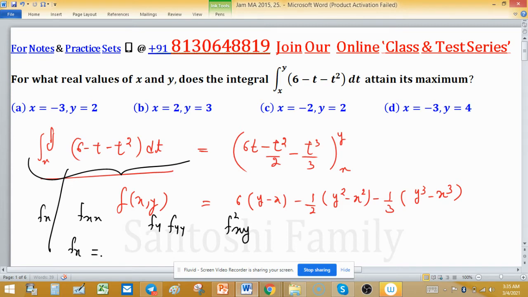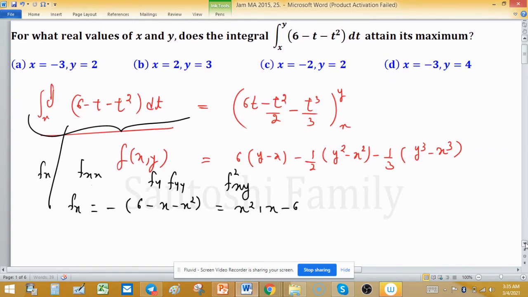So only fx is minus, replace t as per the Leibniz rule, 6 minus x square, and its derivative will be 1. So fx is x square plus x minus 6.